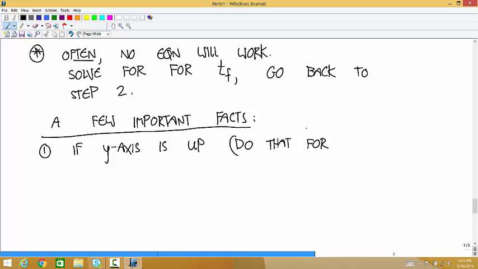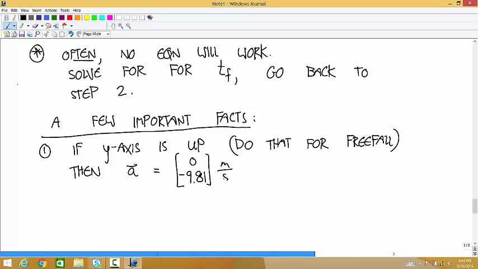I'm pretty sure all the problems we're doing in 2D are free fall. Then the acceleration vector is 0, negative 9.81 meters per second squared. Or in other words, AX is 0 and AY is negative 9.81 meters per second squared.